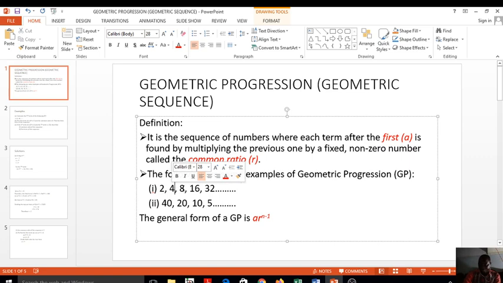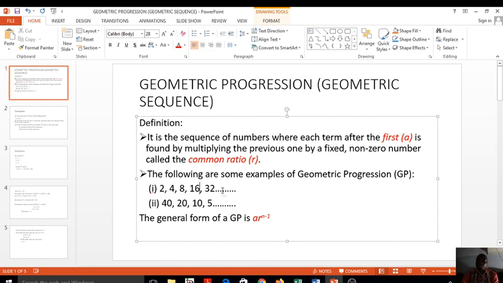Likewise, 8 divided by 4, you get 2 as well. 4 divided by 2 gives 2, and 16 divided by 8 gives 2 as well. So this common ratio is the same throughout.